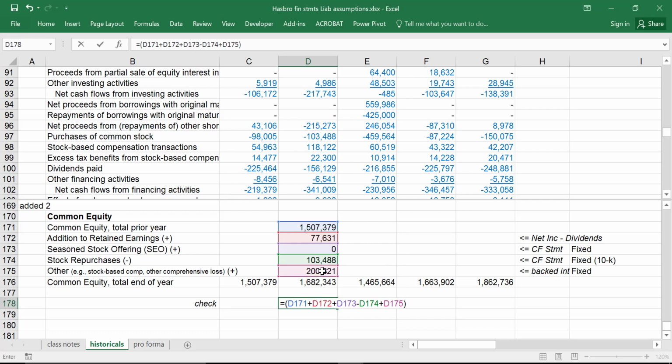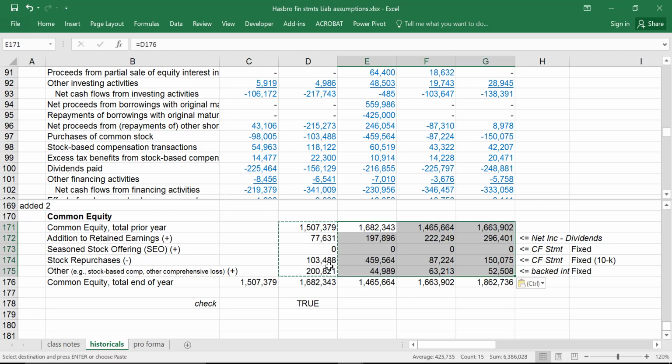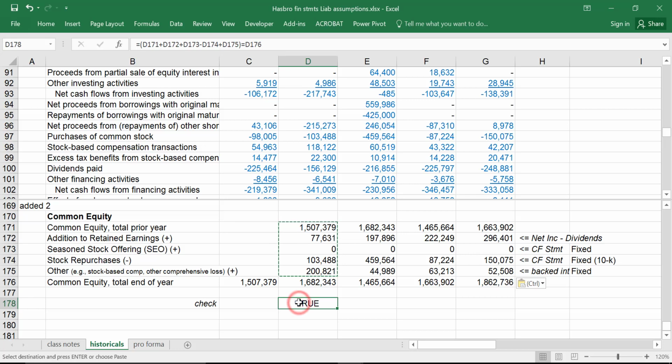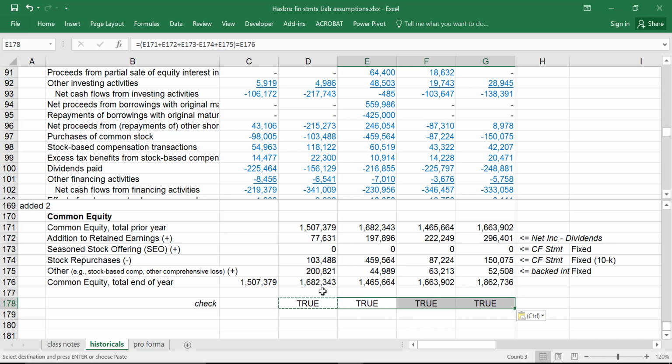And the question is, does that equal our figure here? And it does, right? So we can copy and paste that. And what this enables us to do, looking at the historical, is to get an idea of what's going to happen going forward, or in terms of forecasting.